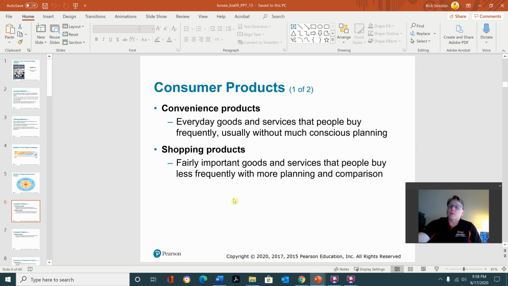Shopping products: fairly important goods and services that people buy less frequently, with more planning and comparisons. Okay, so what are shopping products? Well, if you don't buy a television very often, you might be shopping it. Any type of product that you don't buy very often, and it changes.